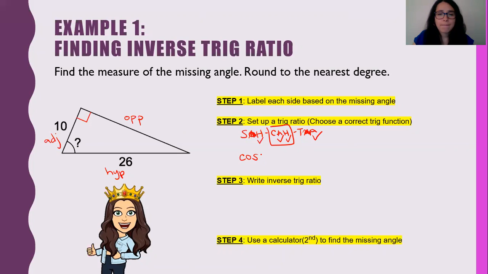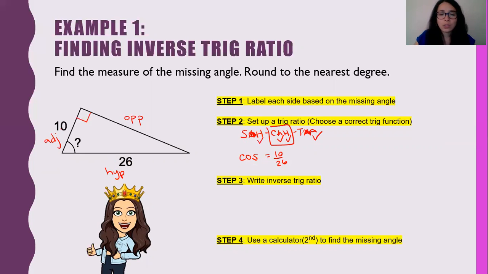So it will be adjacent over hypotenuse, 10 over 26. Would it be 26 over 10? Well, look, it's A over H. Adjacent is 10, hypotenuse is 26, so it would be 10 over 26.